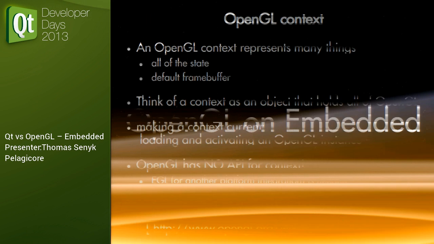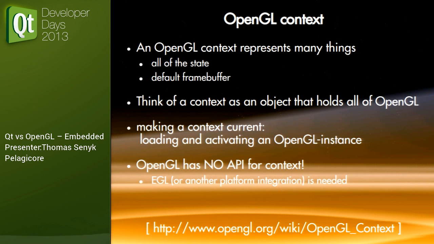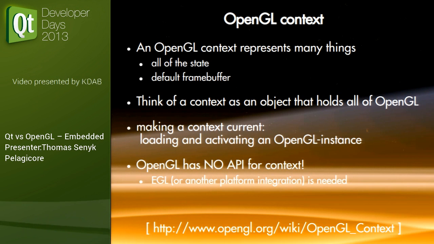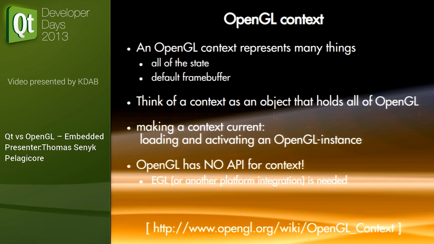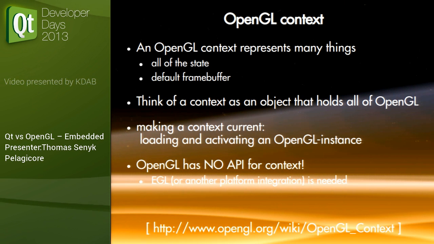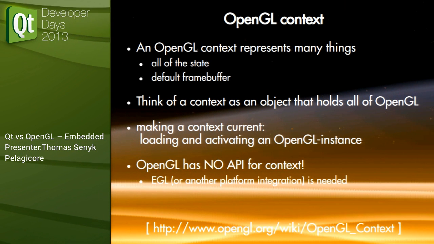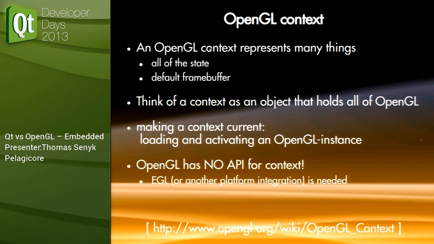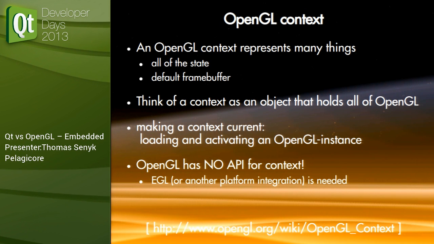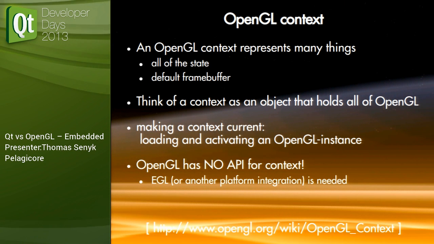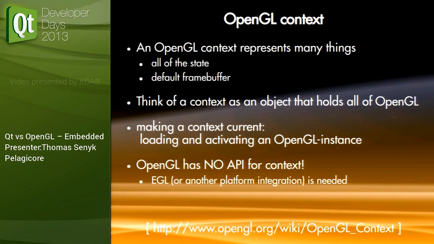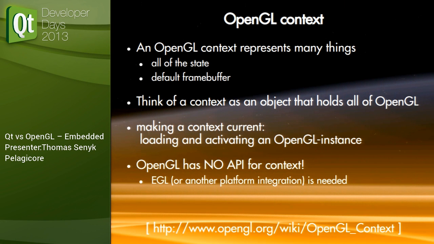Any question about the context? It's not necessary that you understand it completely. Just be aware that it's the fundamental of being able to paint or to do anything with OpenGL. We will talk about that a little bit later. It's one possible platform integration.